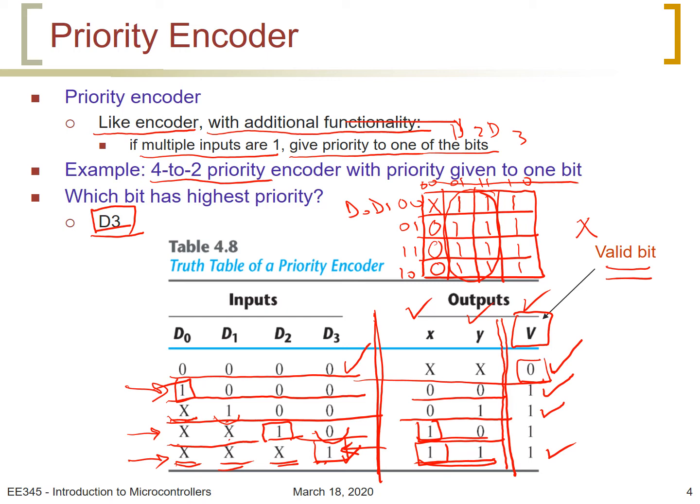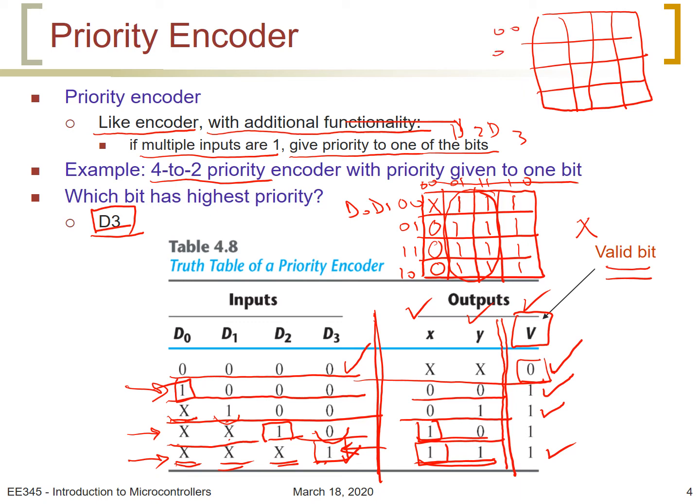So this is the kernel map for the variable x, and exactly in a similar way, we develop the kernel map for y, which we also do here to make sure that we understand this problem thoroughly. So that is the kernel map again for y, with 00, 01, 11, 10.